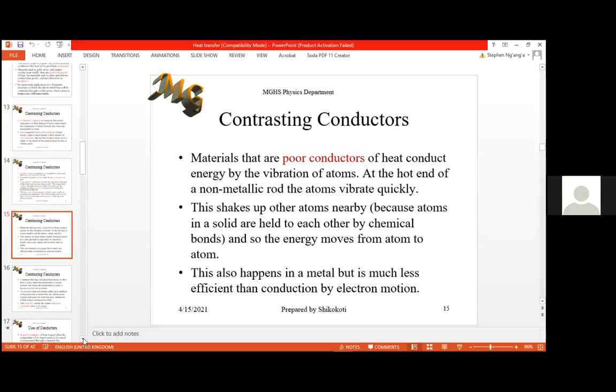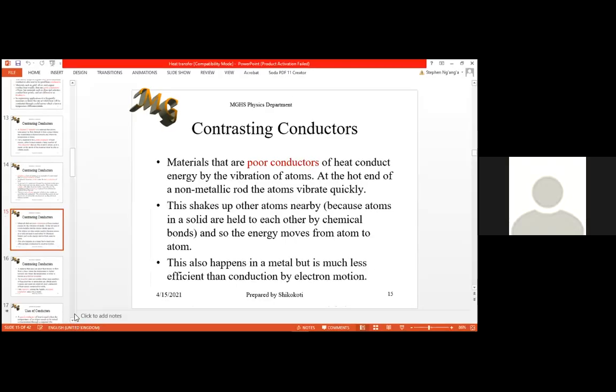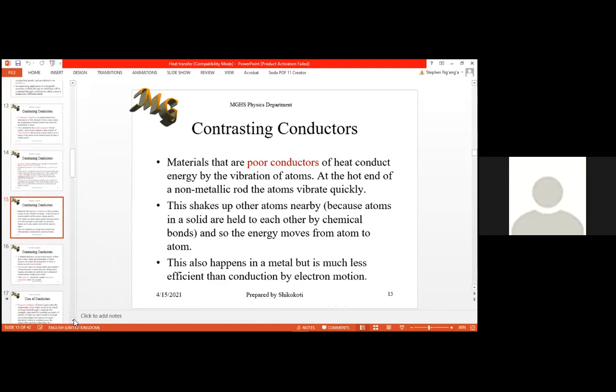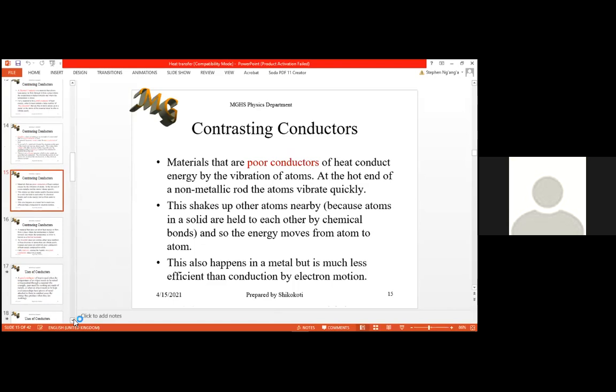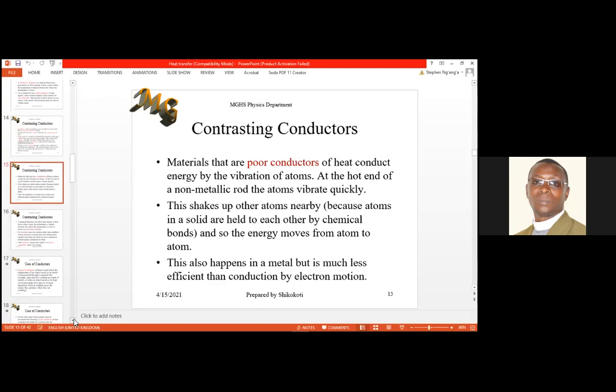And to find out how length affects conductivity, we use the same material, the same thickness, but different lengths.